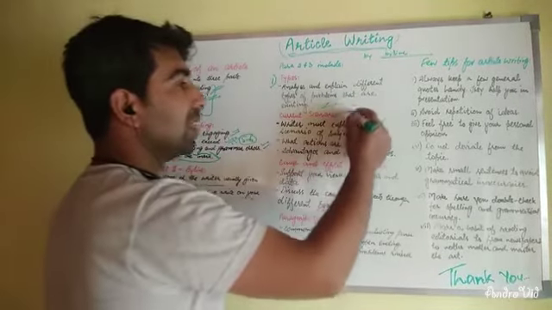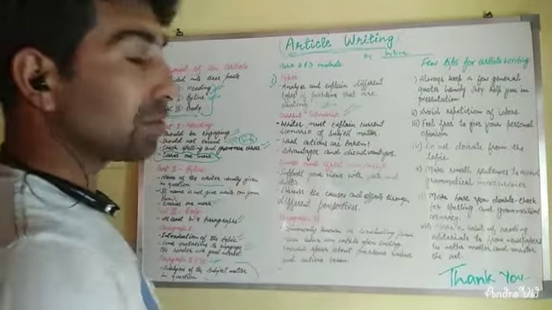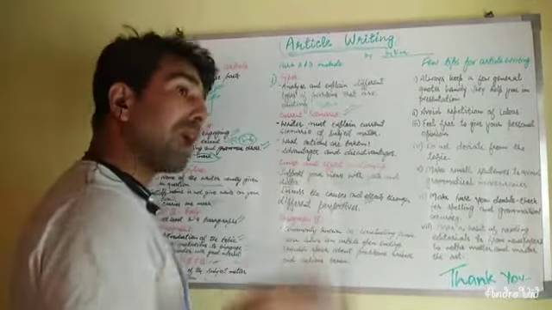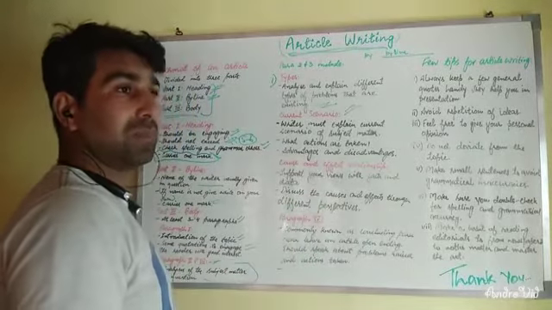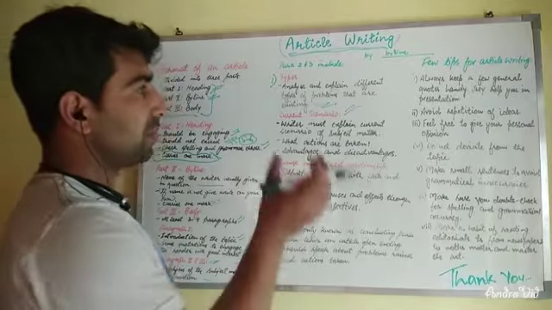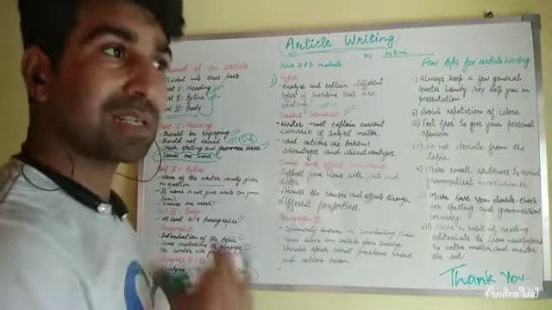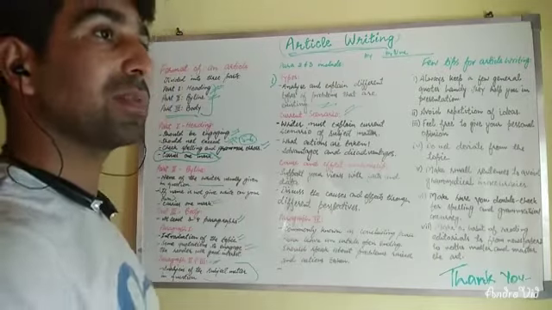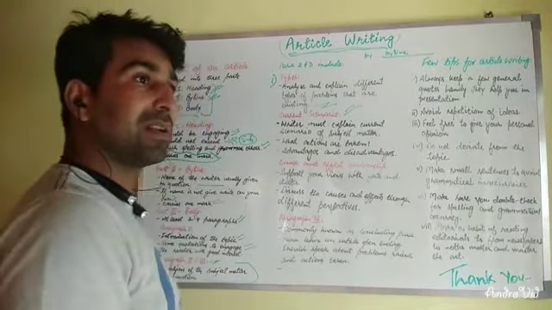After that you'll see the current scenario, what's going on right now. Earlier it was types, but what's going on right now in that very topic. If we talk about drug addiction, first we have types, what kind of drugs we have. If we have overdose of medicines, that is a kind of drug addiction as well.